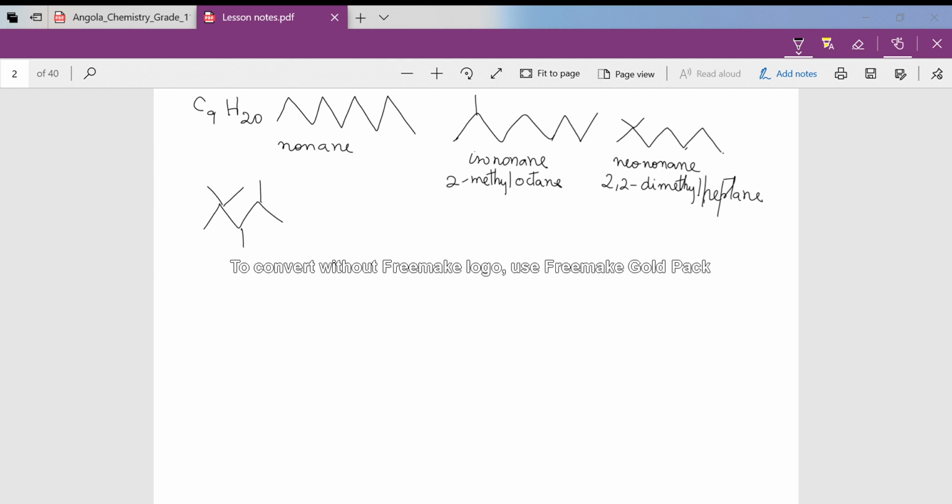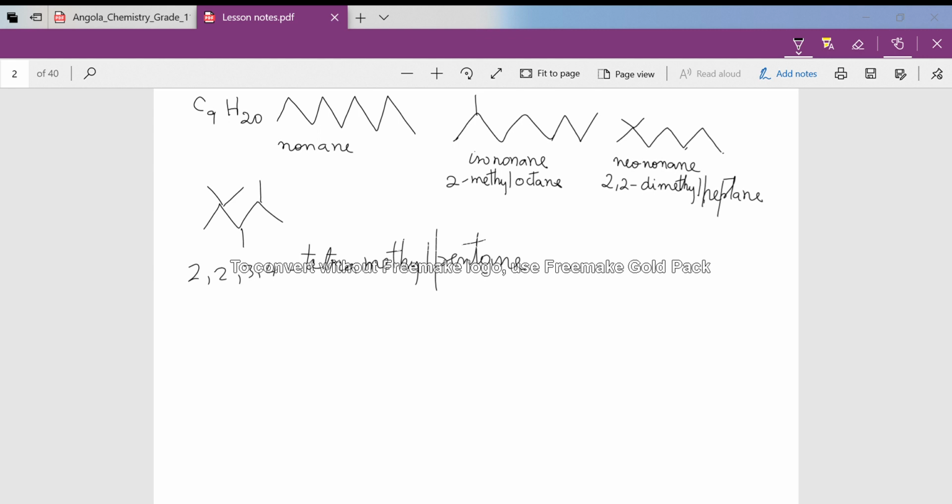If we count from here, it will be 1, 2, 3, 4, 5, could be 2,2,3,4-tetramethyl, because it's 4, and then 1, 2, 3, 4, 5, pentane.